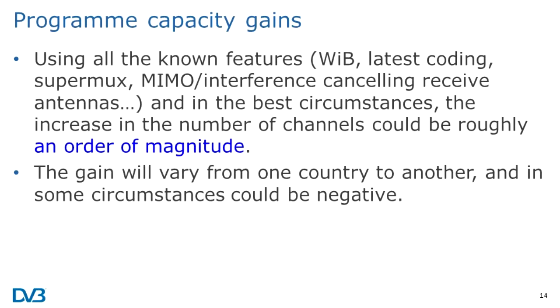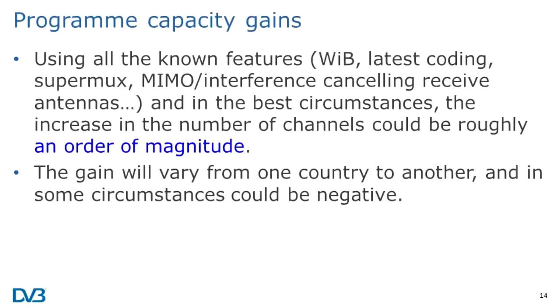That's why I haven't put a number here, because it is so critically dependent on quite a large number of factors. And I think pretty much everybody is agreed, for example, that in reality you wouldn't probably use the cross-polar MIMO stuff and the interference cancelling stuff because you'd need to replace domestic receive aerials. So that immediately takes away some of the gains that you might be able to achieve.